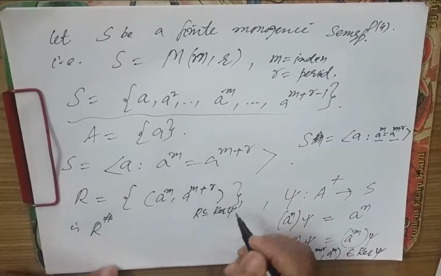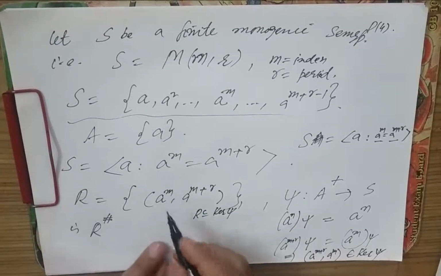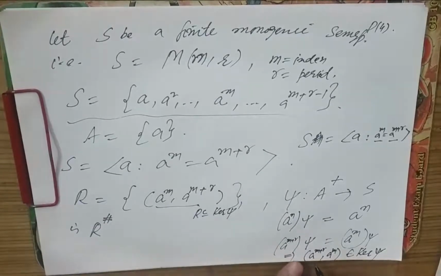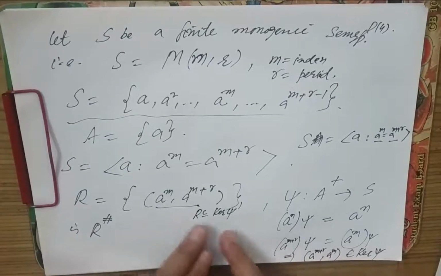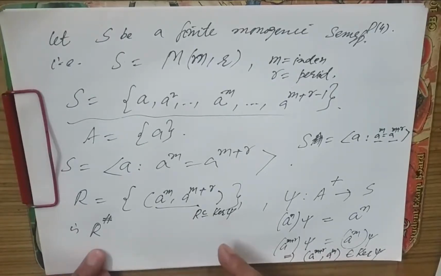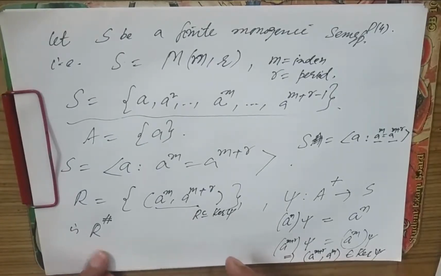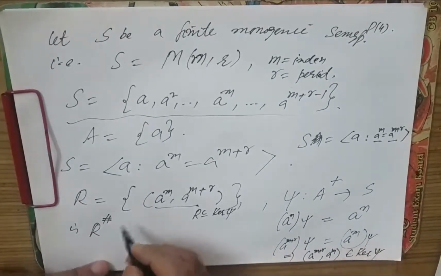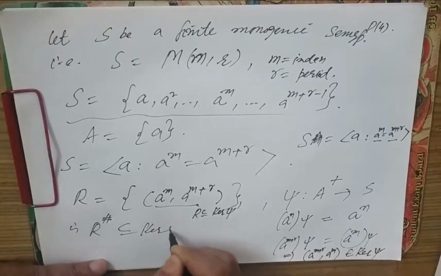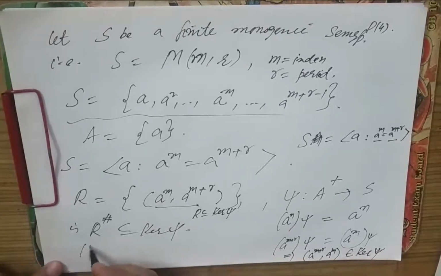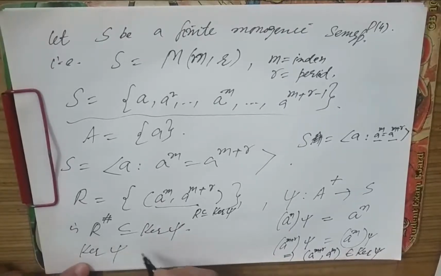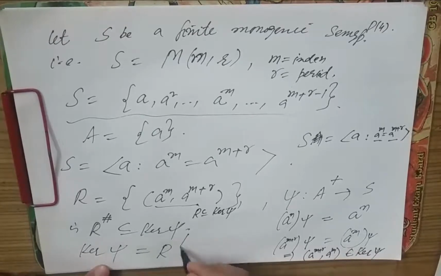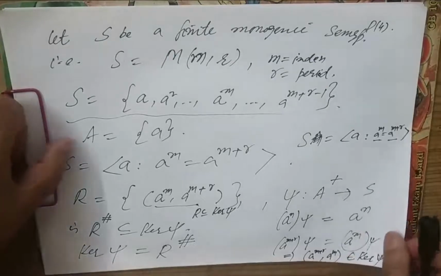R contains this pair, and this pair is also in kernel of psi. R sharp is the smallest congruence containing R, and kernel of psi is also a congruence containing R. So R sharp is a subset of kernel of psi. On the other hand, you can easily verify that kernel of psi is also a subset of R sharp. So they are equal actually. Kernel of psi is equal to R sharp.